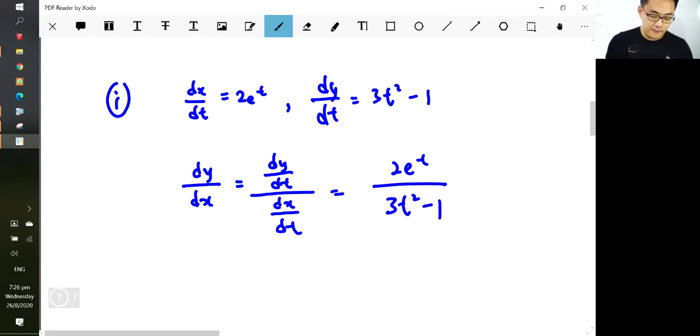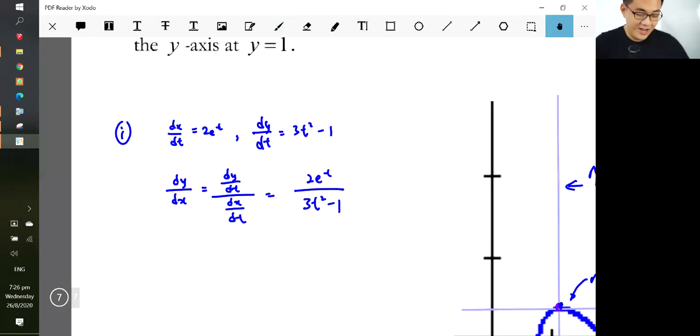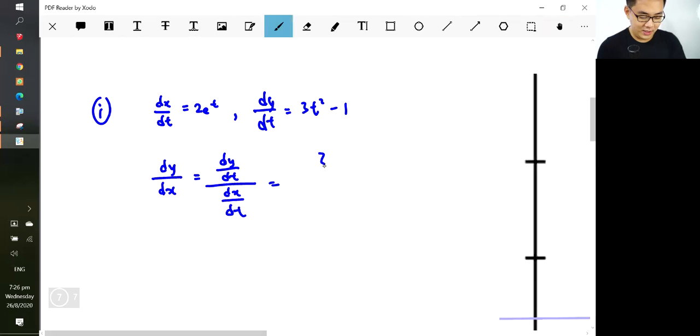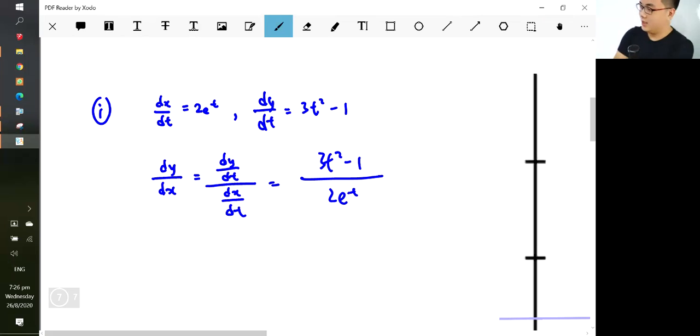Am I right? No, the other way around, dy/dt. Yes, sorry. So this is 3t squared minus 1, and this is 2e^t. Okay, great. This is correct.